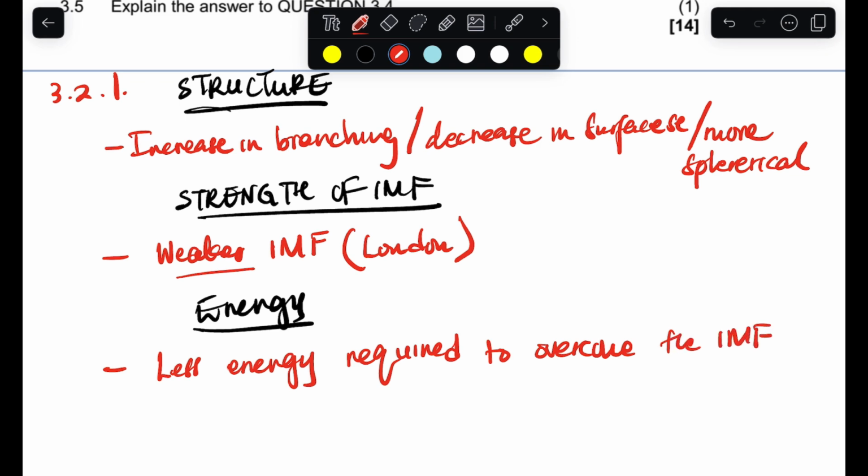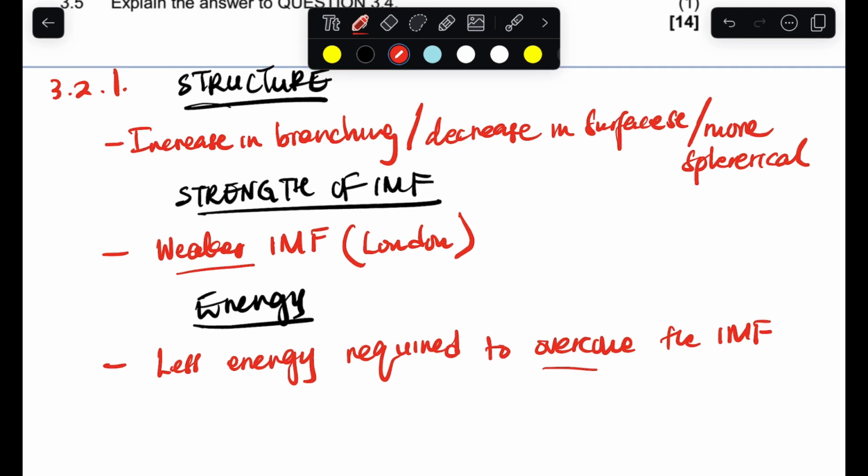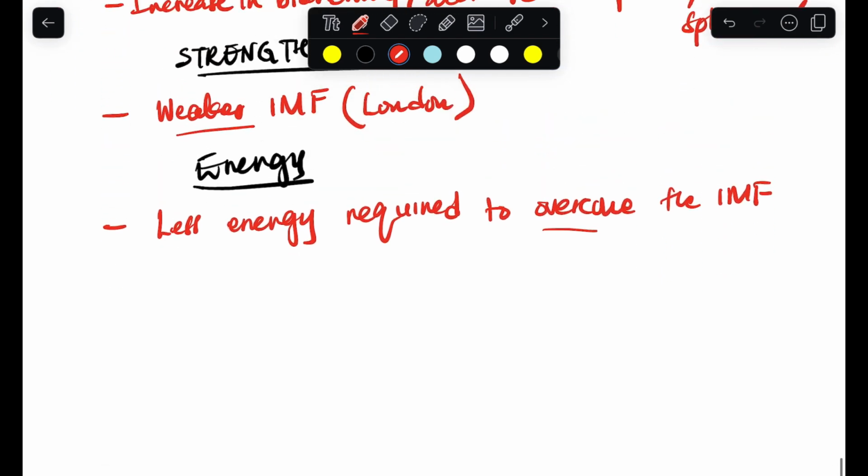Don't say to break the bond, guys. It's not less energy required to break the bond, it's lesser energy to overcome the intermolecular force, or to break the intermolecular force, not to break the bond.